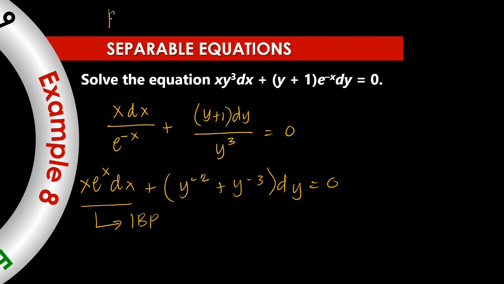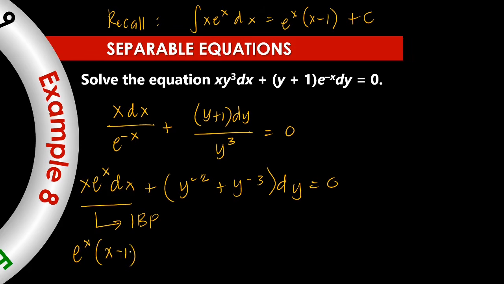So recall that the integral of x e raised to x dx equals e to the x times x minus 1 plus c, so that we don't have to do integration by parts anymore, since you have already gone through integral calculus. So integrating both sides, we will get here e to the x times x minus 1. Or if you want, that could be an exercise for you to review your integration skills.